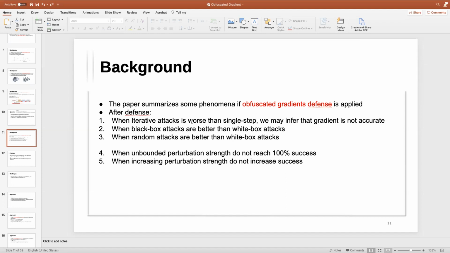Secondly, when black box attacks are better than white box, or random attacks are better than white box, then we know that something is wrong with the gradient computation. In addition, when unbounded perturbation does not reach 100% success, or increasing perturbation strength does not help, then we know the model might be using obfuscated gradient defense.